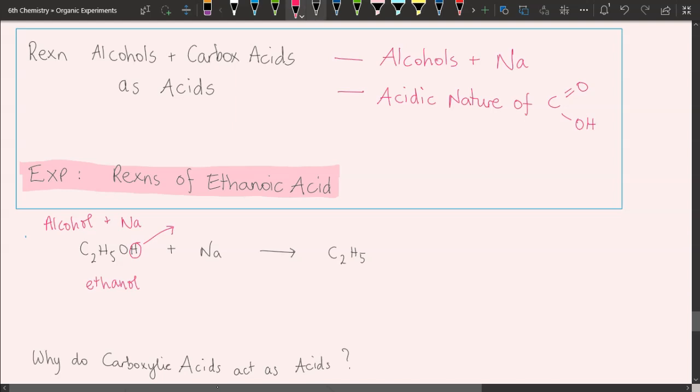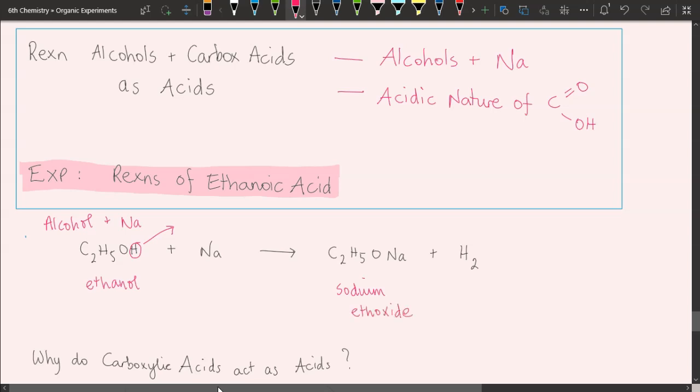Over on this side, what you end up forming is C2H5ONa plus H2, which is hydrogen gas. This compound that's been formed is called sodium ethoxide.